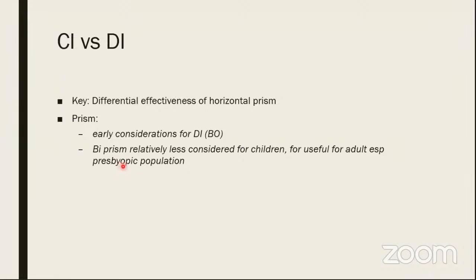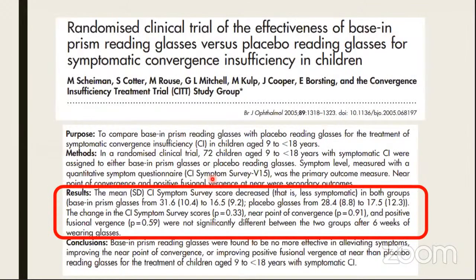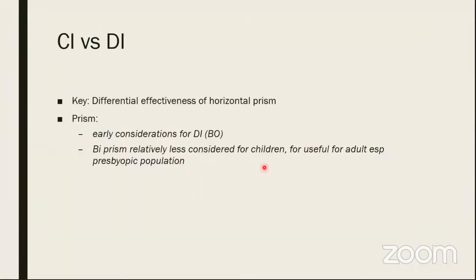If a child is considered, we can consider a base-in prism, but vision therapy is the mainstay of treatment. Because this randomized clinical trial was performed in children, there is no such trial in the adult population. So the adult population could be helped with the prism, but in children, a base-in prism is relatively less considered.